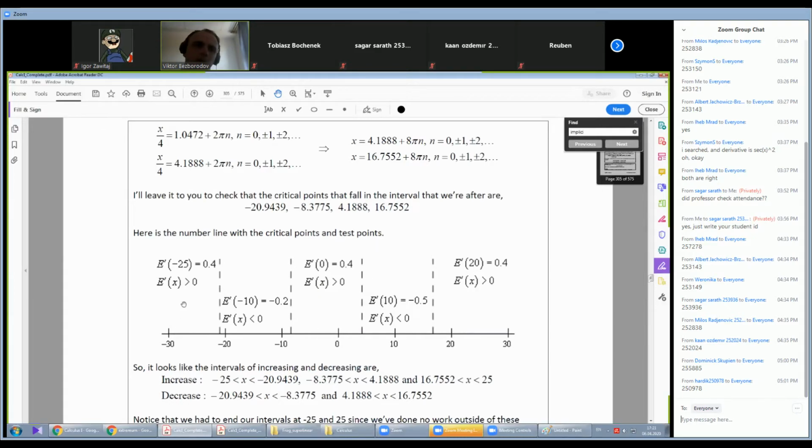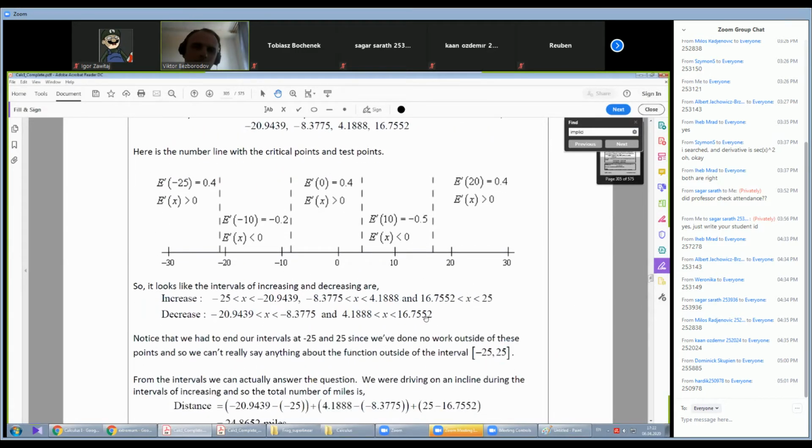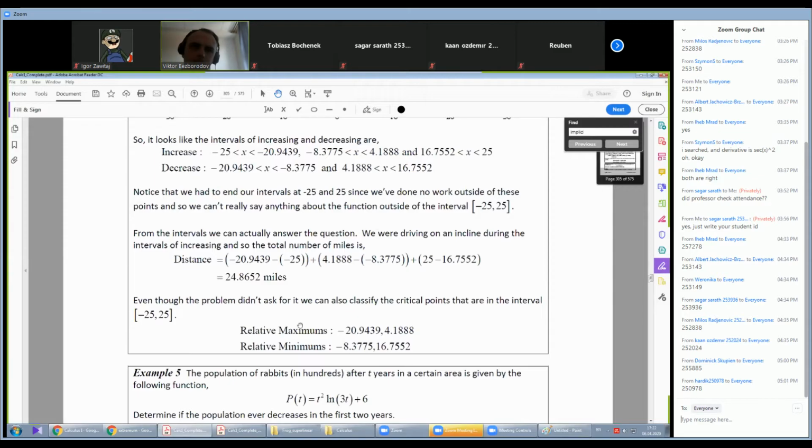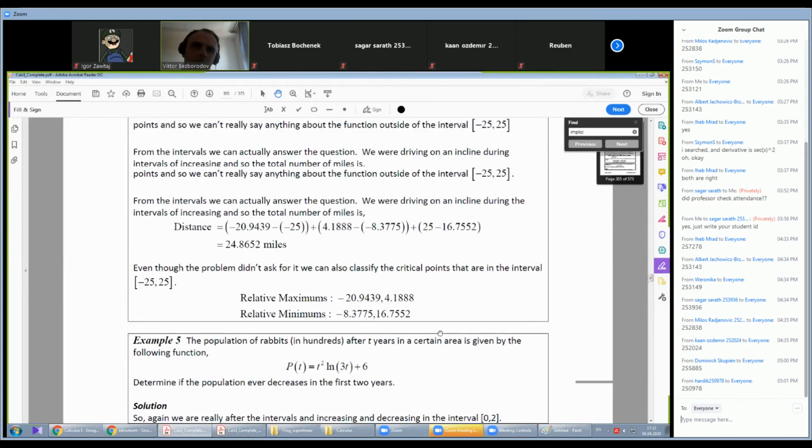And this is the derivative. So therefore, here the function is increasing. Here it is decreasing on this interval, then again increasing, then decreasing, and then increasing. So this is written down here. And they do not plot it.